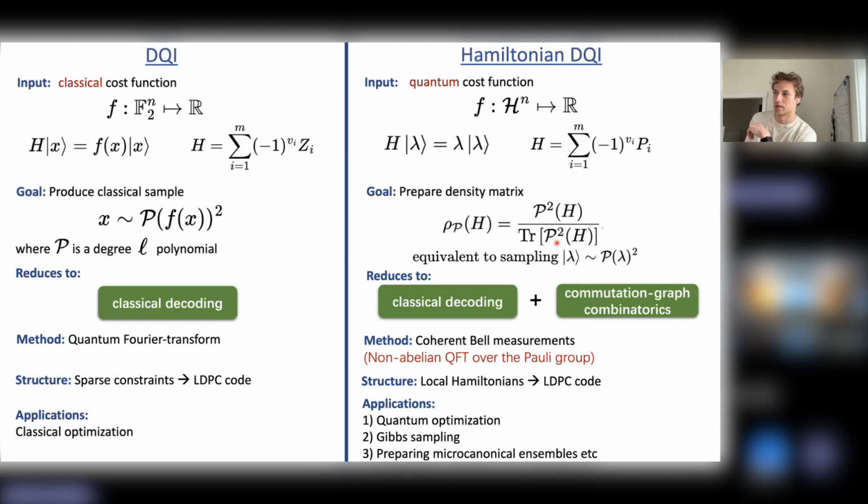And this density matrix here is then an approximate Gibbs state. So by just choosing your polynomial in the right way, you can either do Gibbs sampling, or you can do optimization, or you can do many other spectral filters. So for example, you can try to choose your polynomial to be some delta function over some energy, and then what you prepare is a microcanonical ensemble.